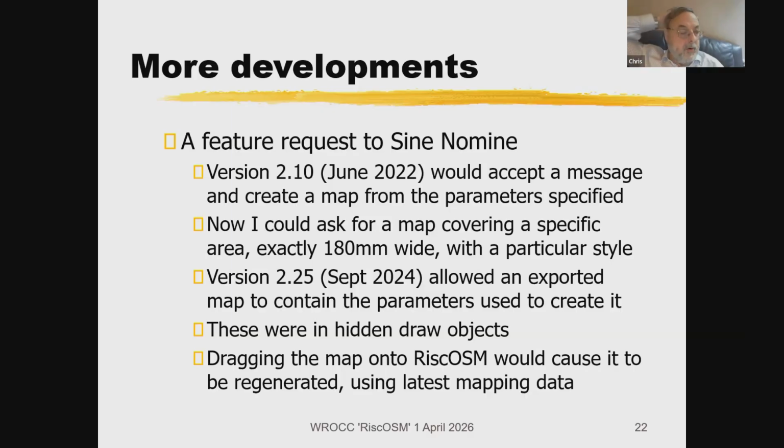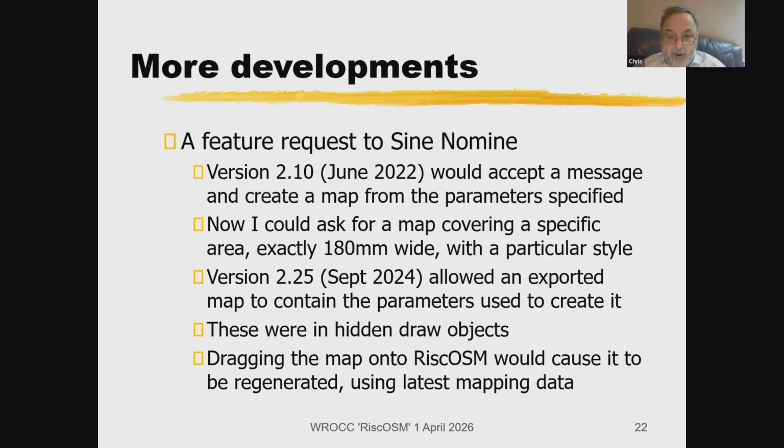It would also, let me think carefully how I put this. If you have particular features that you want to highlight on a map, you can import the information into RiscOSM from a CSV file and say, I want to highlight these particular locations, this signal box, that, whatever, and here's their grid references and what have you.